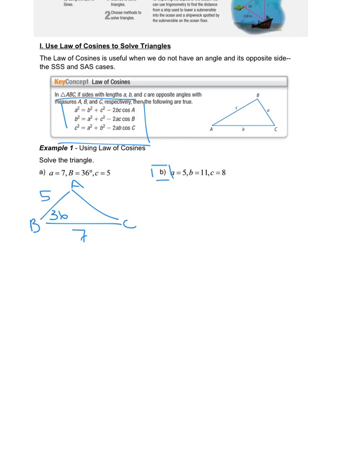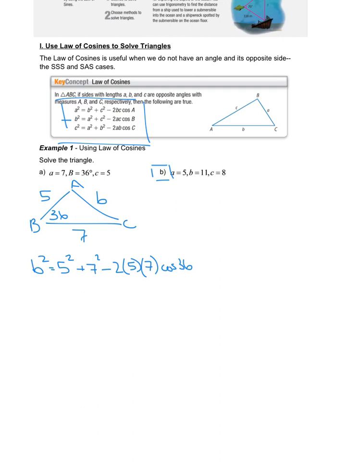All right. And then we just have to go through the process of using Law of Cosines. If I'm looking for side length B, I'm going to use the B squared formula. So we have B squared equals, in this case, 5 squared plus 7 squared minus 2 times 5 times 7 times the cosine of the included angle, which in this case is 36.